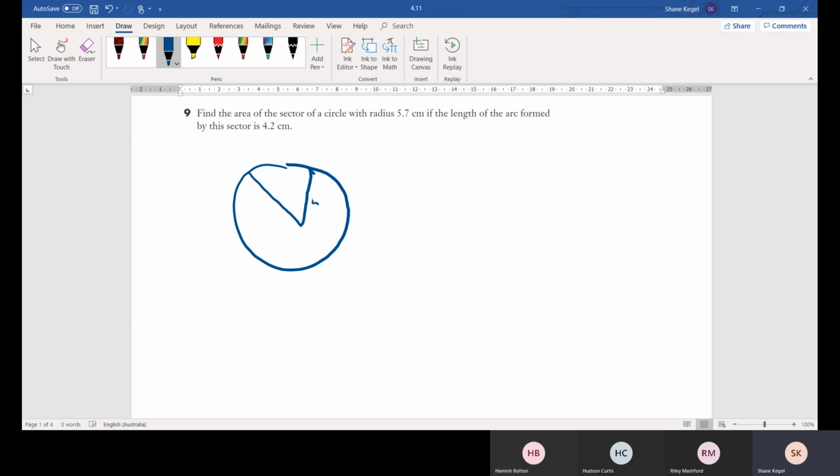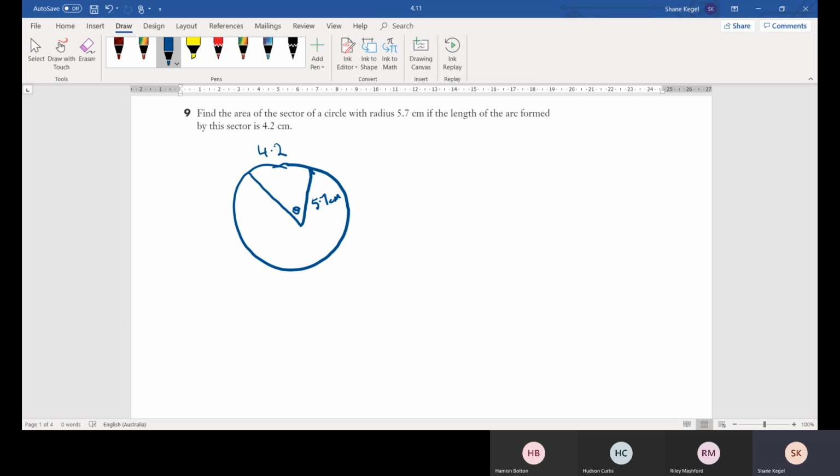It's got a radius of 5.7 centimeters. And we're not given the subtended angle, so that's unknown theta. Oh, wait, sorry, no, that's our radius. The length of the arc formed by that sector is 4.2.